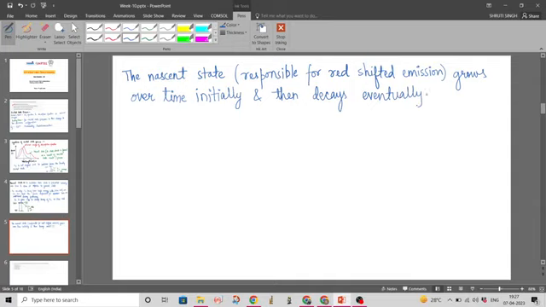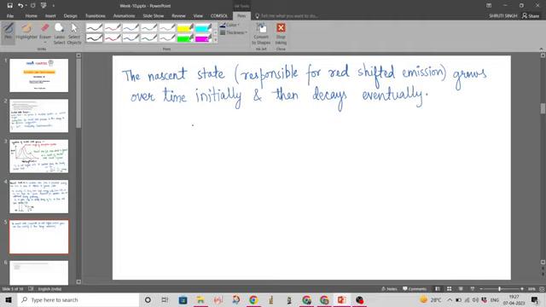So this is the same thing: the nascent state first gets populated because of the depopulation of the locally excited state, and once it has got enough population, then it decays.